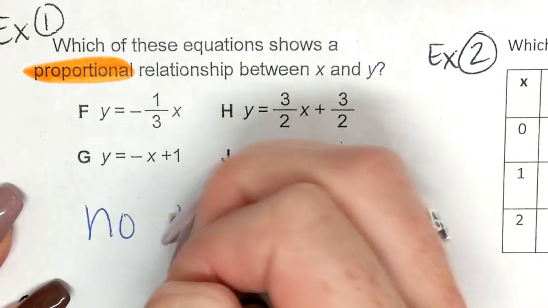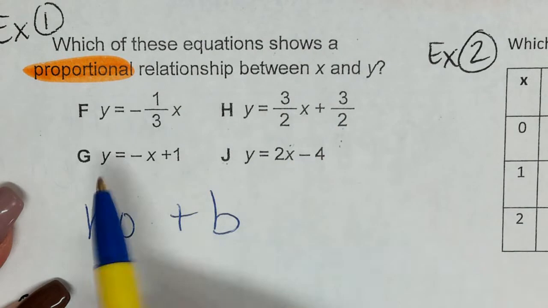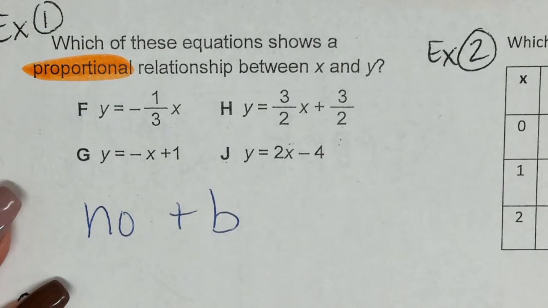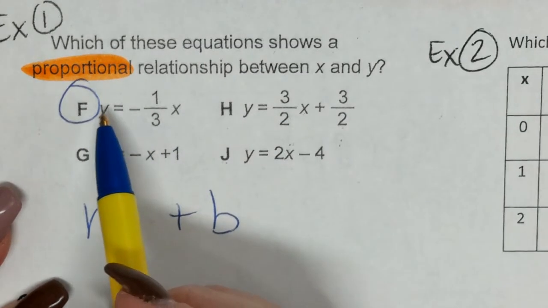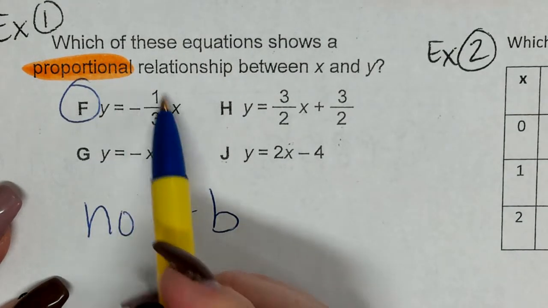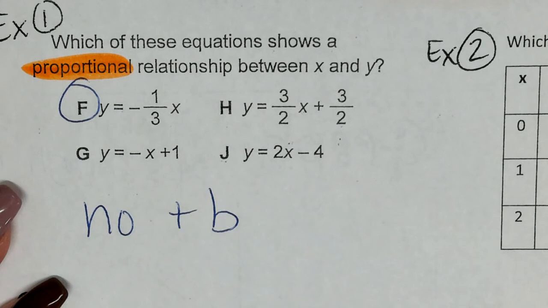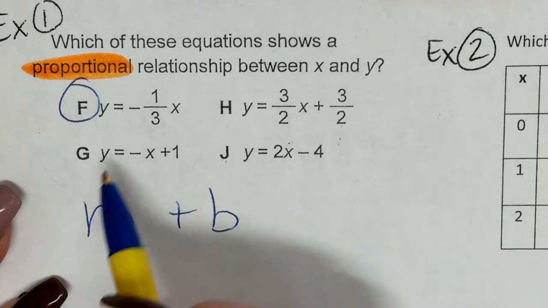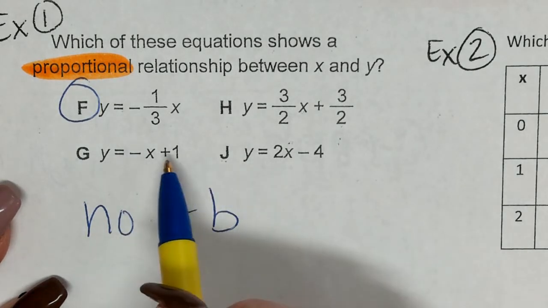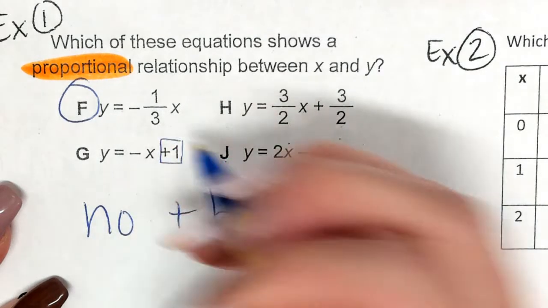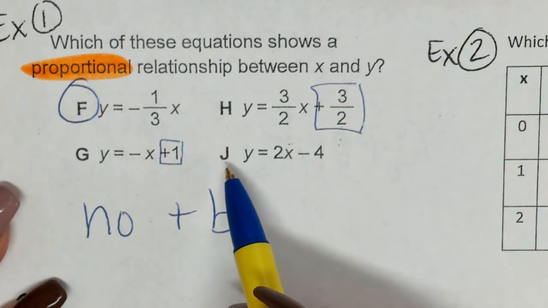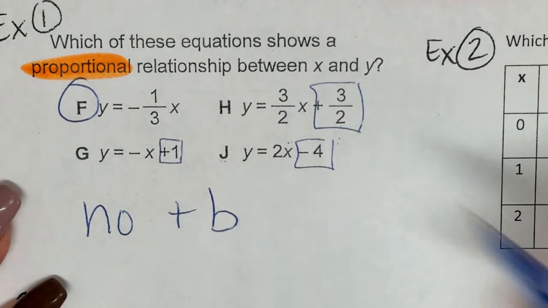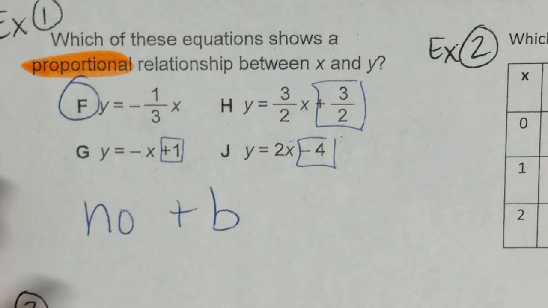So which one of these does not have a plus b? F. This has y equals the slope times x, yes? What about G? What was wrong with G? It has a plus b. What's wrong with H? It has plus 3 halves. What's wrong with J? It has minus 4. That's all a plus b.